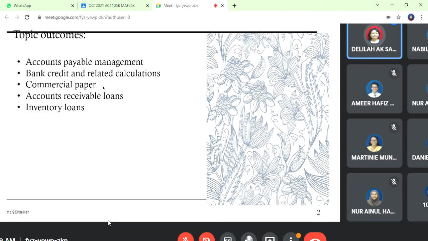It's just from which point of view you're looking at the instrument. And then we look at these two. The last two is basically theory. Inventory loans is theory. We need to do a calculation. Most of the calculation we're going to be looking at today is concentrated on this bank credit.